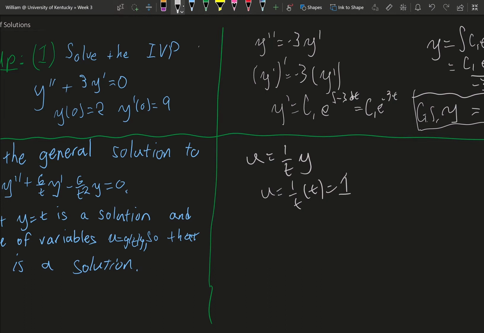So if u is 1 over t times y, then y equals t times u, which gives us that y prime is t u prime plus u, and y double prime is t u double prime plus u prime plus u prime, or t u double prime plus 2u prime.